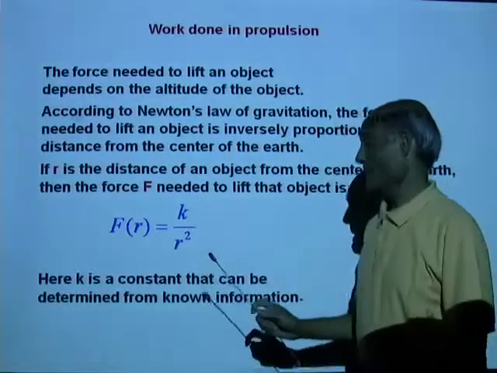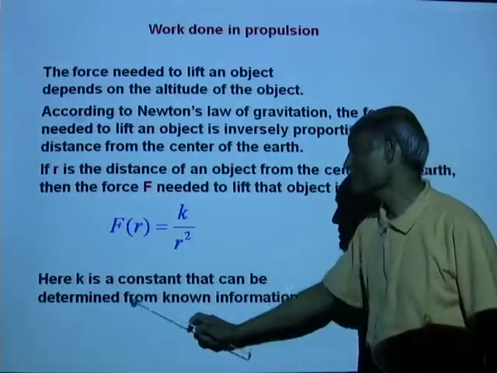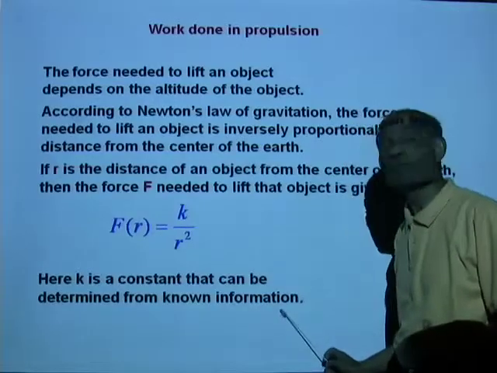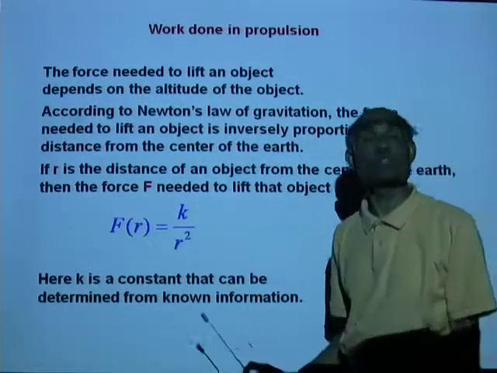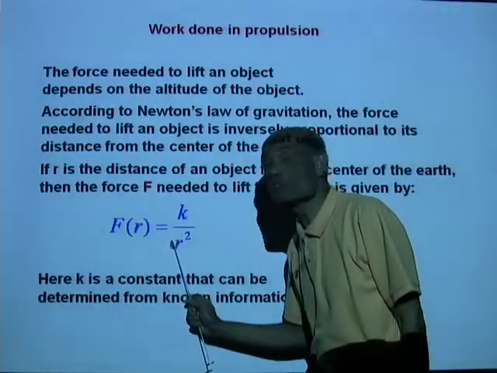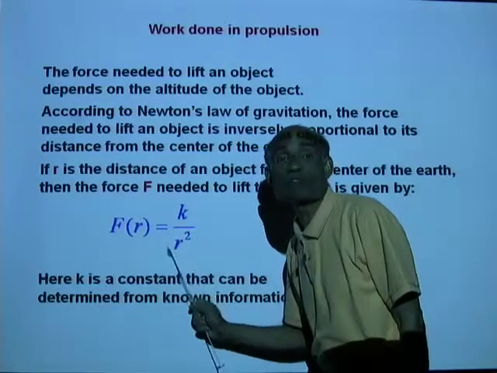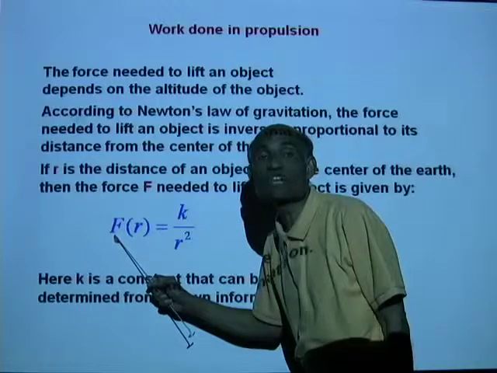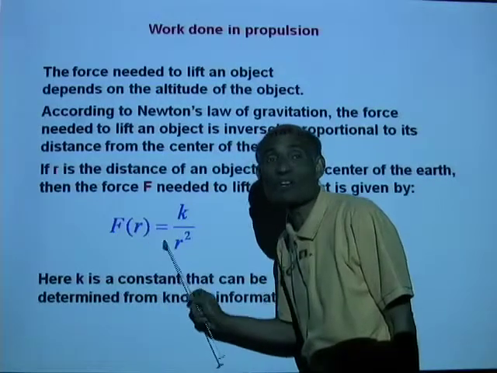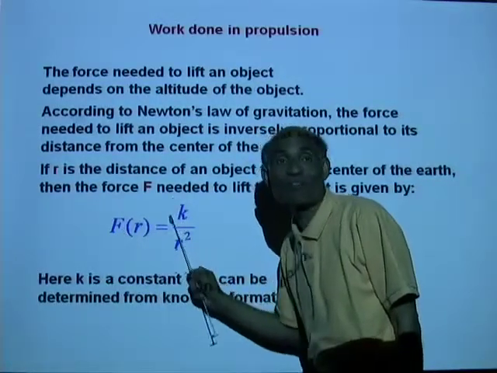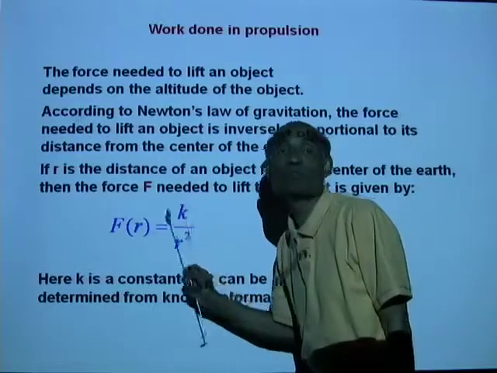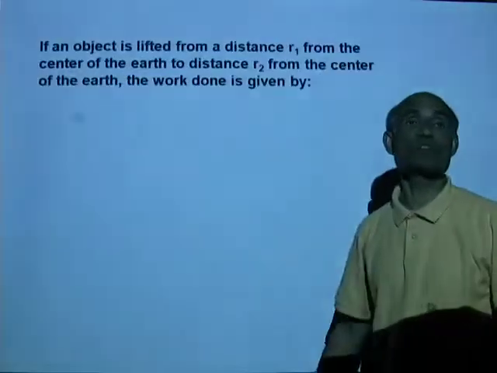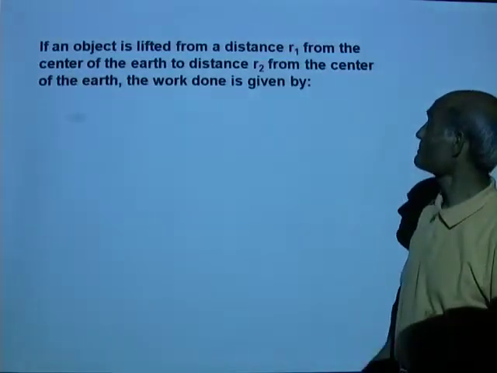All right. Now, here k is a constant that can be determined from known information. For example, if you know a given altitude, and if you know the force that is needed to lift the object at that altitude, we can then find the value of k. We will do that as we go on in solving problems.